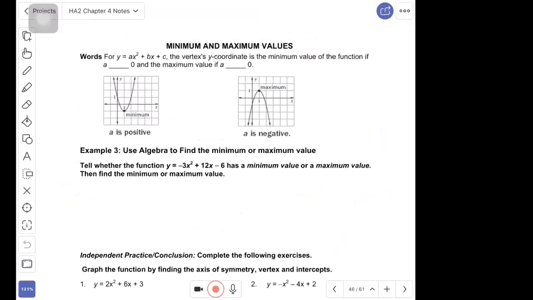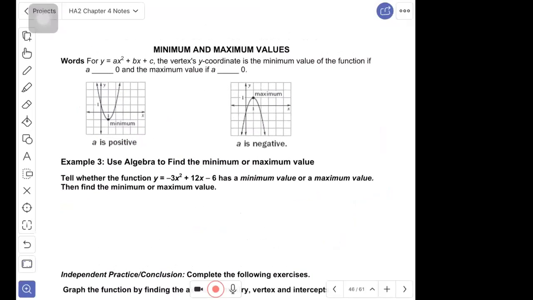So, minimum and maximum values for a quadratic function. It is the vertex's y coordinate that will be the min or max value. So the vertex's y coordinate is the minimum value of the function if a is greater than 0. When a is greater than 0, we know that our graph is opening up. Therefore, we have that point at the bottom, that's a minimum.